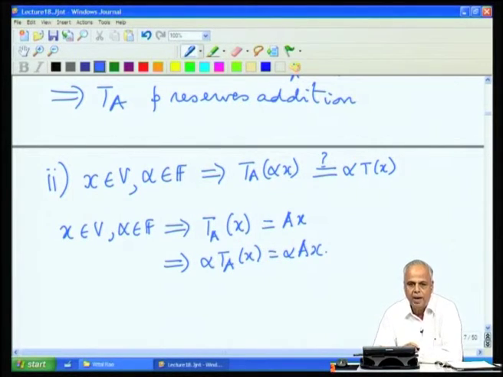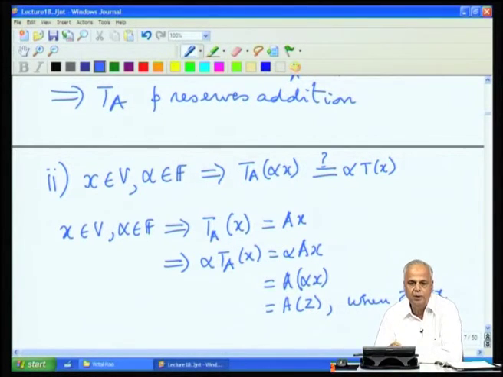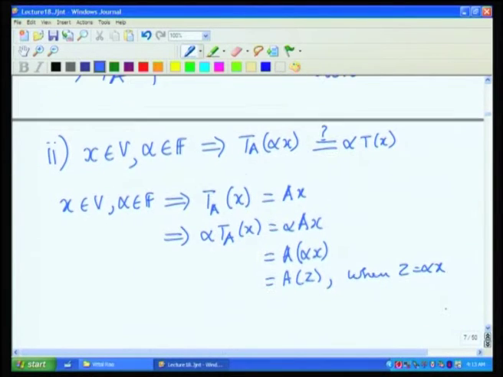On the right hand side, we have the matrix A, the vector x and the scalar alpha. In matrix multiplication, the scalars can be moved in and out of the multiplication. So, this will be the same as A of alpha x. If we now call this A of z, where z is alpha x, now x is in Fn, therefore alpha times x is in Fn.